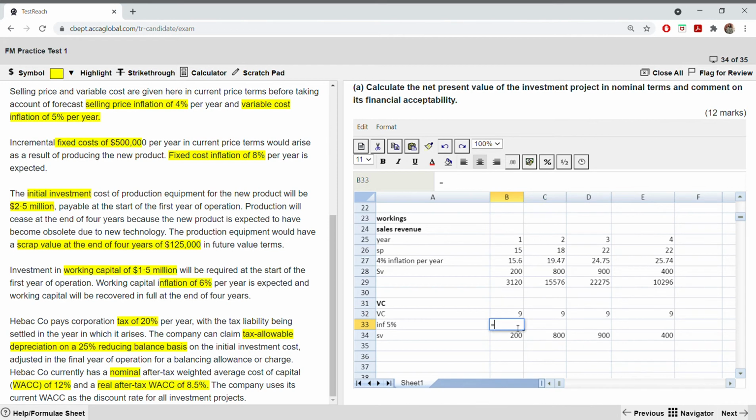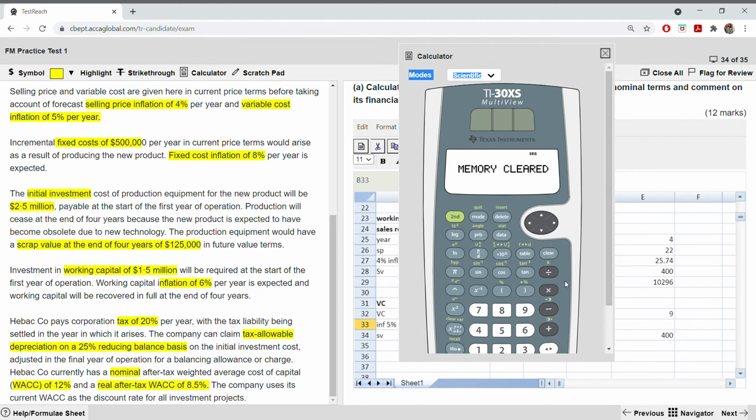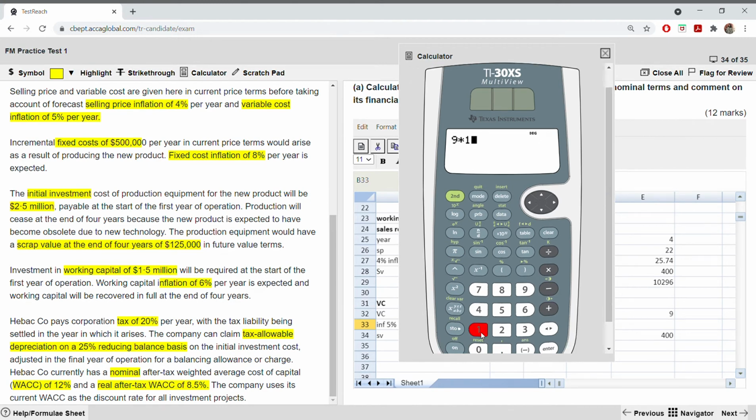Okay, once you inflate it, 9.45. So what they did was, to find this inflated, either you can use Excel or you can go to calculator and inflate it manually. Okay, 9 into 1.05 enter, 9.45.